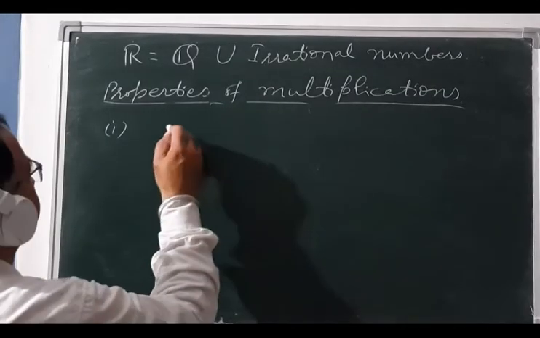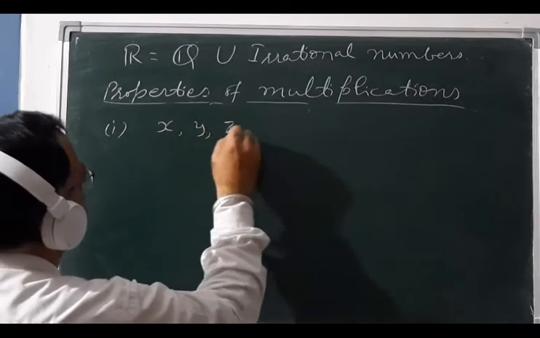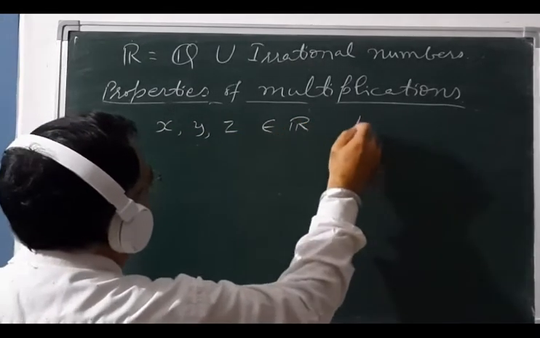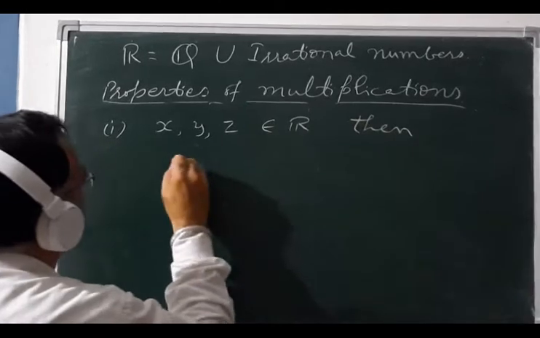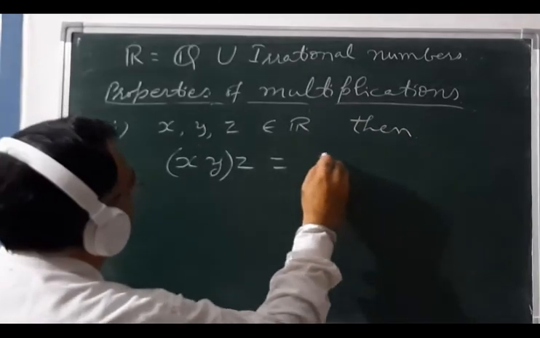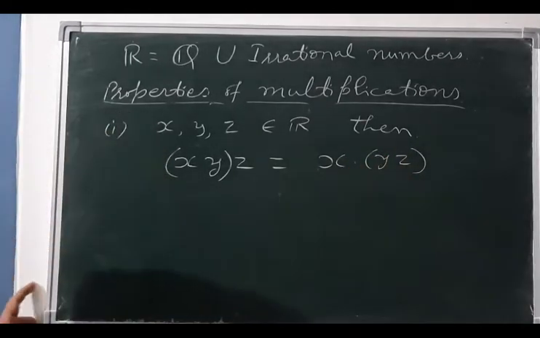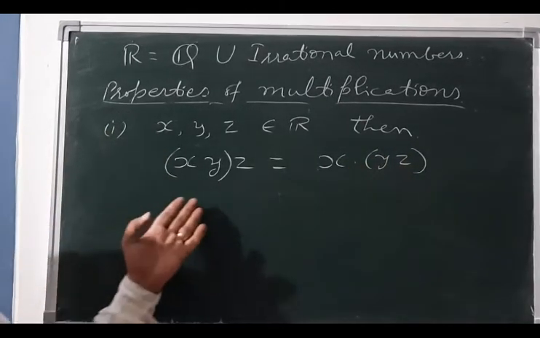Another is, if we take three reals x, y, z, then (x y) z is the same thing as x (y z). This is called the associative property under multiplication.